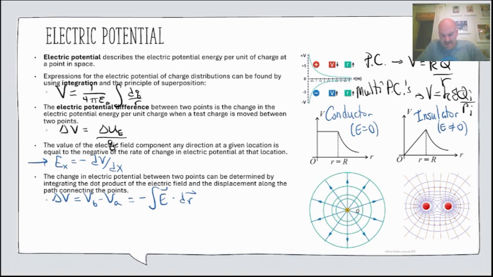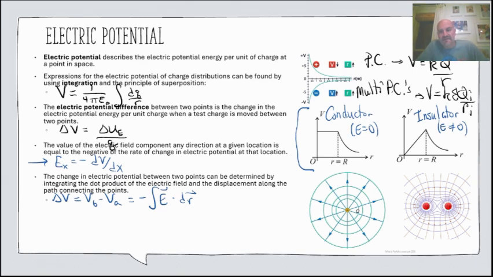But this is why you see in these graphs that the electric potential is a horizontal line until you get to the surface. Inside the conductor, the electric potential is going to be constant, because if I take the integral of 0, I get a constant.